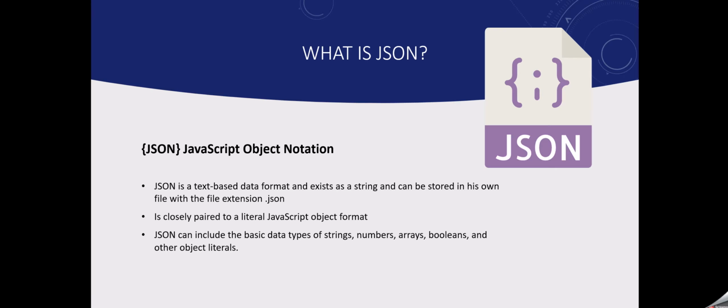It's very similar to the JavaScript object format, and we're going to see the syntax in a while. JSON can include the basic data types like strings, numbers, arrays, booleans, and other object literals. We're going to see a few of these data types in the example.